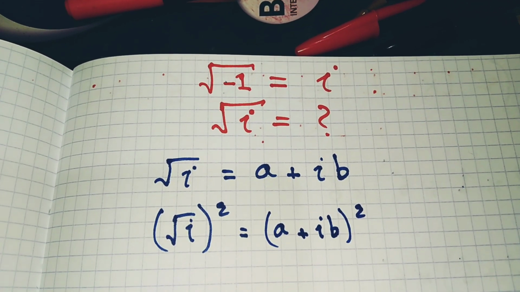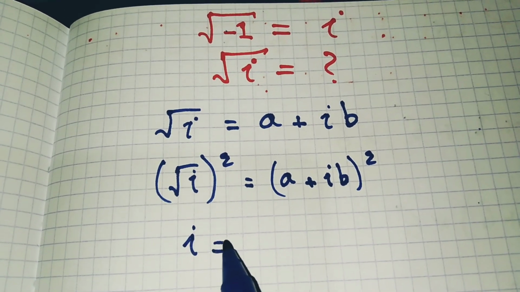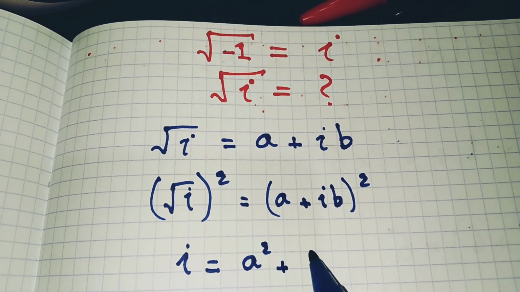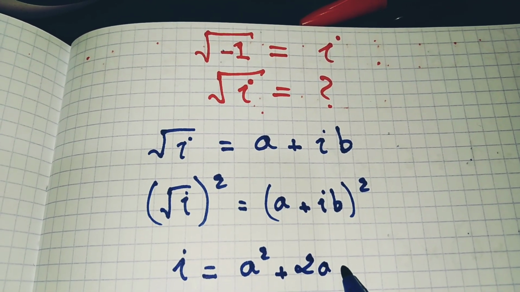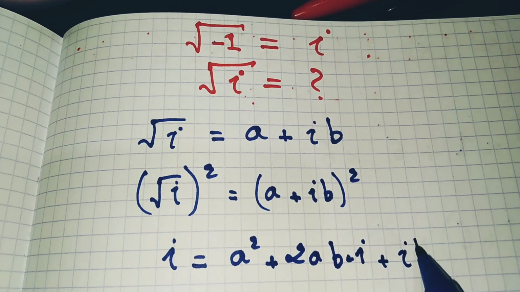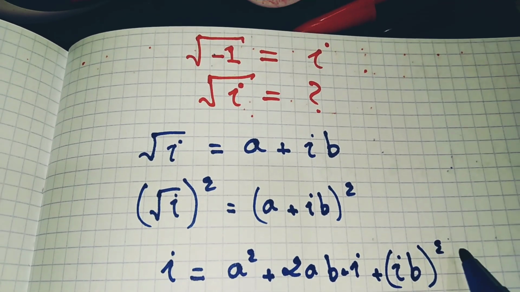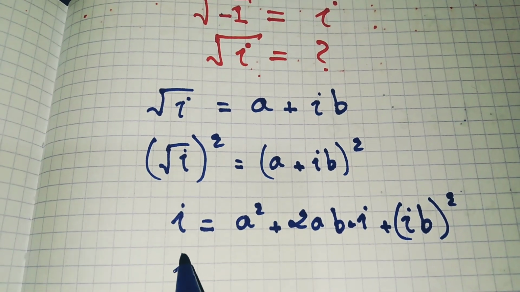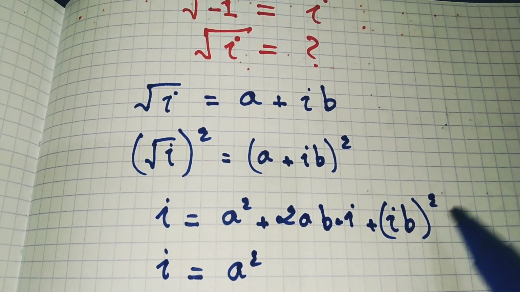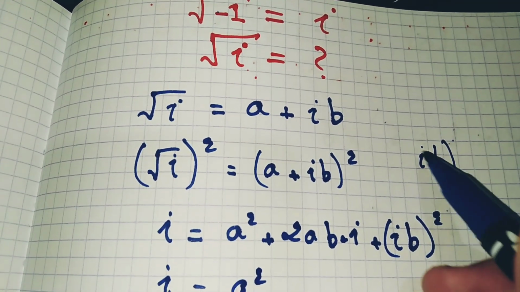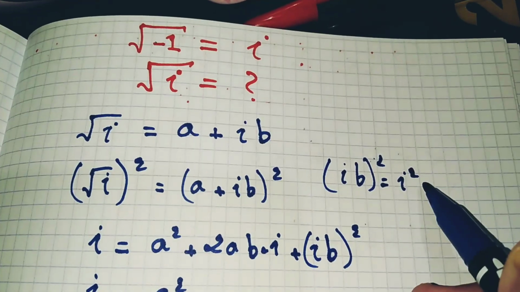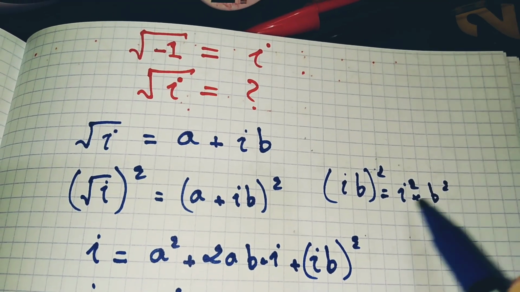We simplify, so i is equal to a squared plus 2 times a times b times i plus (bi) squared. And (bi) squared is equal to i squared times b squared.